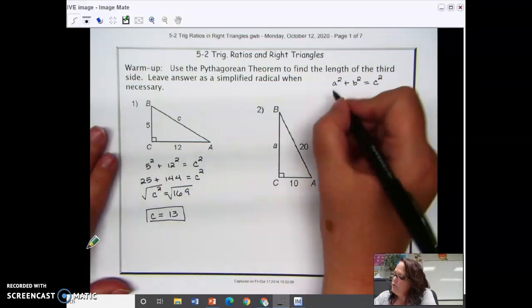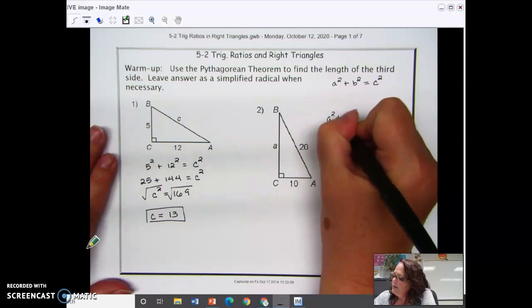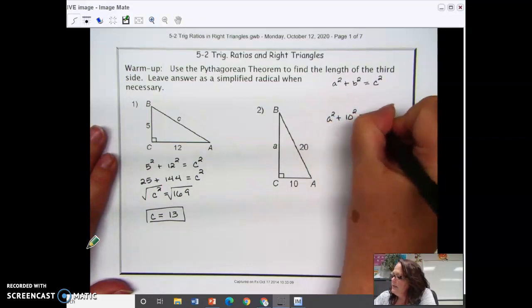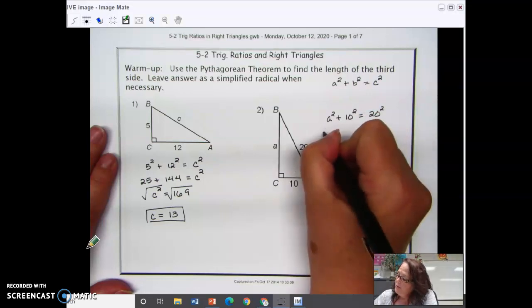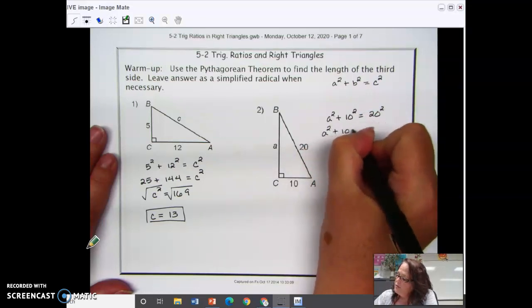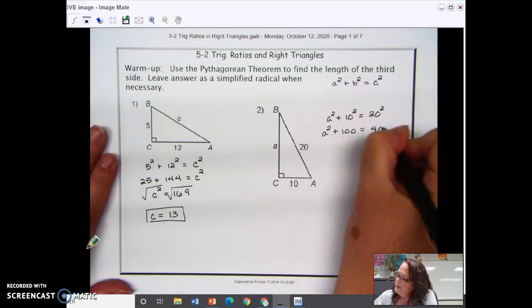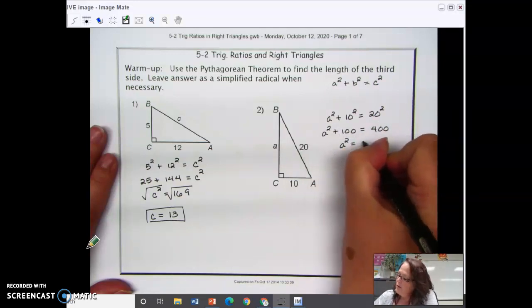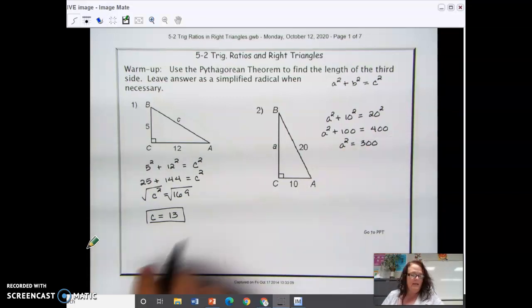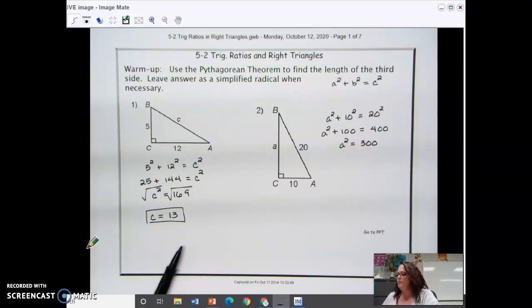Looking at number 2, the length of a leg squared plus the length of a leg squared is equal to the length of the hypotenuse squared. So I've got a squared plus 100 is equal to 400. If I subtract 100 from both sides, I get a squared is equal to 300. Then we need to take the square root of both sides.